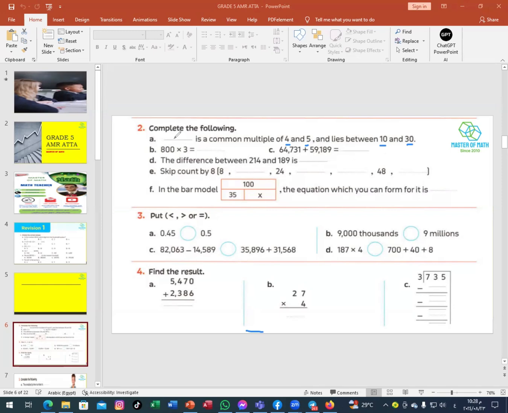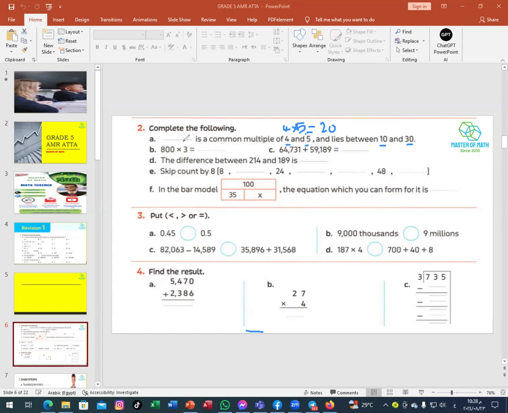This is the number in the space, a common multiple of 5 and 4. So we have to multiply 5 with 4. 4 times 5 equals 20. And he said it lies between 10 and 30. So 20 lies between 10 and 30.